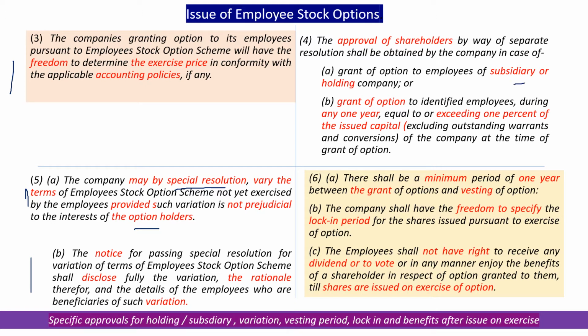And whenever the shares are issued to an employee of a subsidiary, or whenever shares are issued more than 1% of the paid-up issued capital of the company, special approval of the shareholders is required. There should be a minimum of 1 year between grant and vesting. Company can specify the lock-in period, and till the shares are exercised and bought, he cannot have the right to dividend or vote.